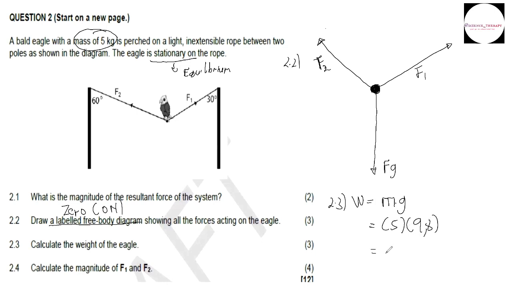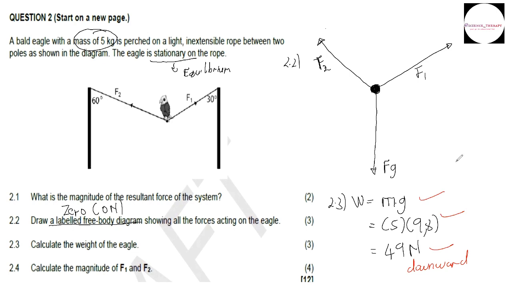Multiplying the two, we have 49 newtons. For 3 marks, that's all you needed to do: write the formula, substitute, and give the correct answer. If you wanted to indicate the direction, there's no problem with that. You could have said downward, because gravitational force is always acting downward.